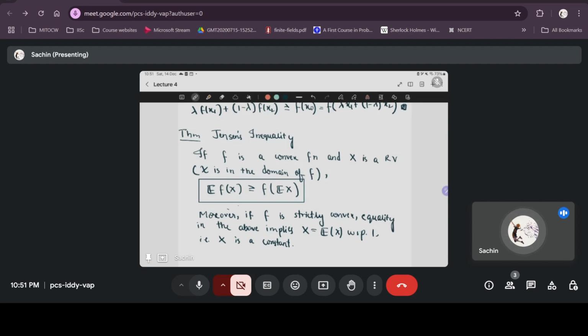So you can check the textbook for the proof, Thomas and Cover. I don't know the page number, but it's in the second chapter. There's a subsection for Jensen's inequality, and I think they have proved it. But I won't be proving it here.